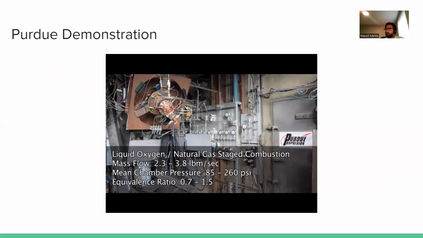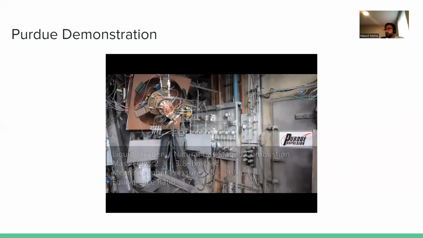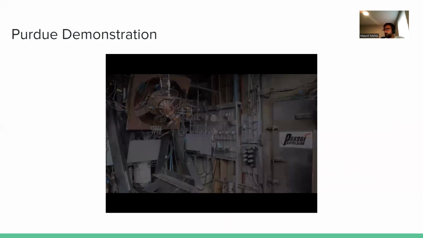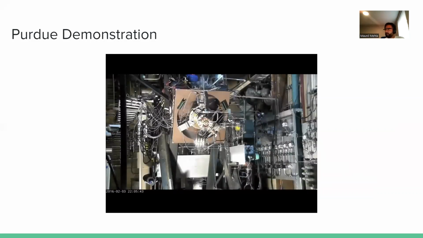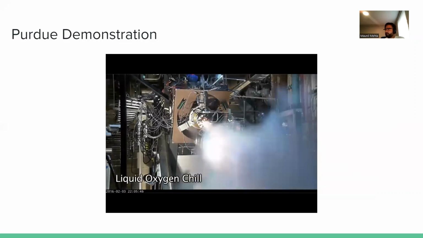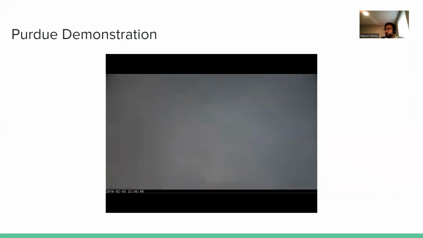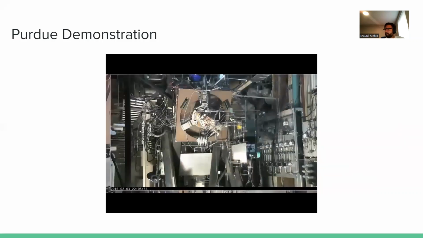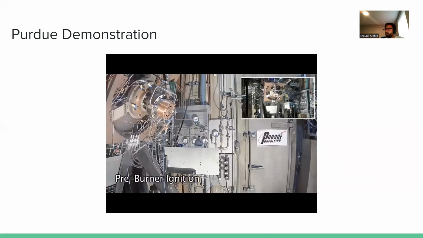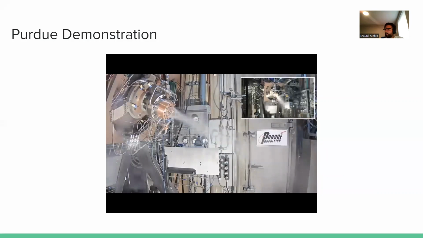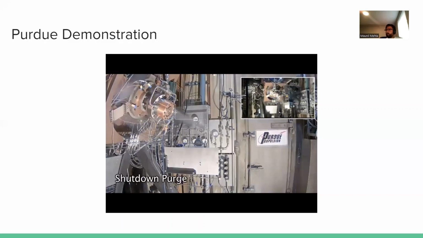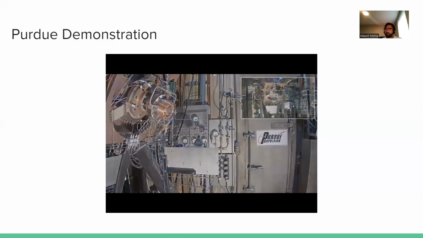It has very low mass flow, and the equivalence ratio is also close to 1. So you can see how quickly they run that test.